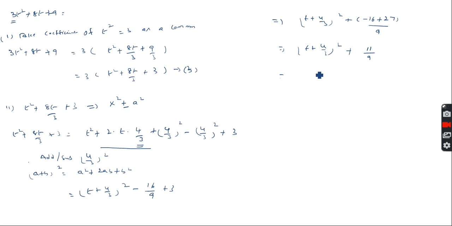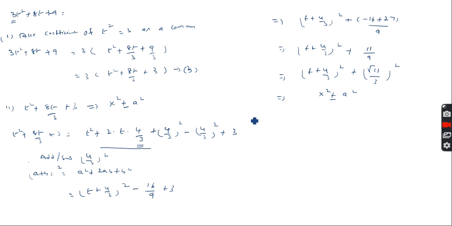That 11 by 9 can be written in terms of a square, root 11 by 3 whole square. So finally it is converted into x square plus or minus a square.